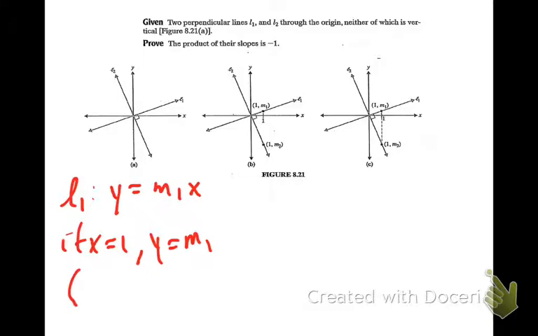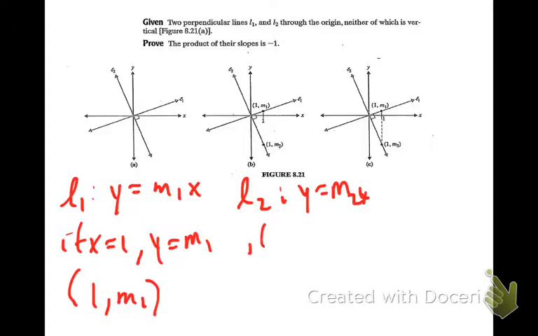We've got the point 1, M1. And for line 2, we've got y equals M2 times x.